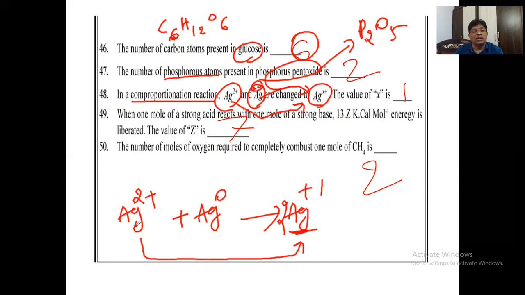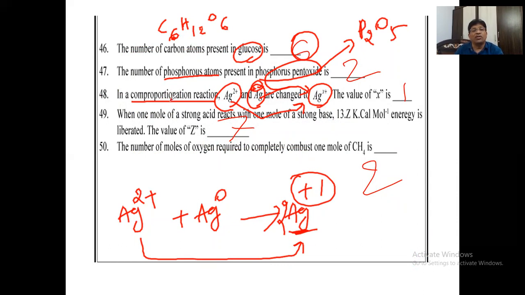That means atoms of the same element with different charges, here plus 2 charge and here 0 charge, having different oxidation states go to the intermediate oxidation state. The oxidation state of the product must be in between plus 2 and 0. This type of redox reaction is called comproportionation reaction.